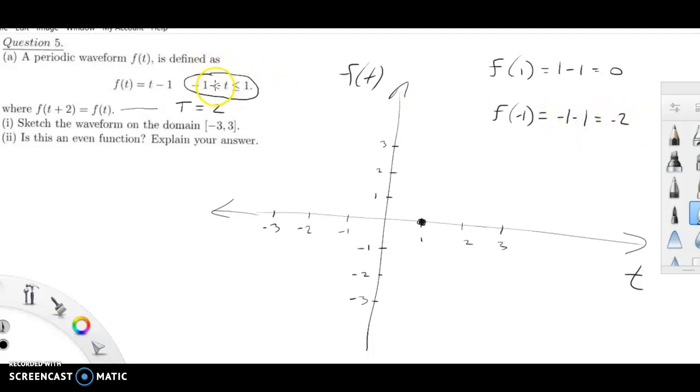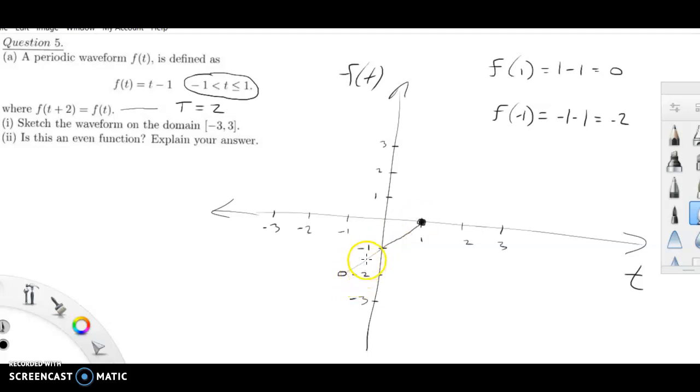But this time it's less than, not less than or equal to, so it's going to be a hollow dot. So with minus 1 for t, that will produce an f of t value of minus 2. So it's a hollow dot down here. And we can join them now by a straight line.